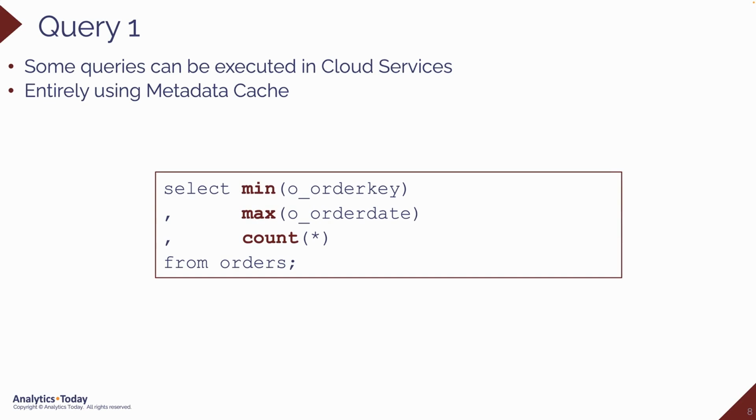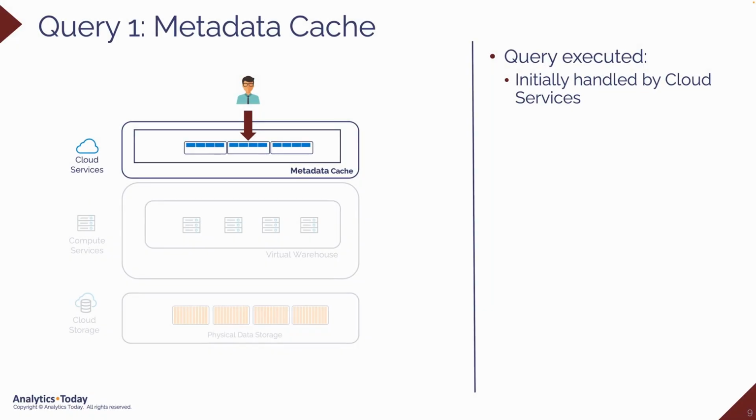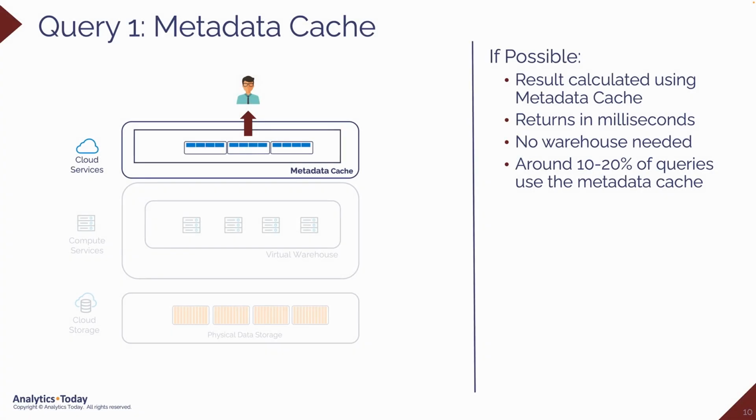As I said, in the metadata cache, we hold the number of rows, the minimum and the maximum value of every micropartition, and so selecting the min or the max of any numerical column or the count will come back instantly. When you execute your query, if it can be handled in the metadata cache, the data is immediately returned within milliseconds.